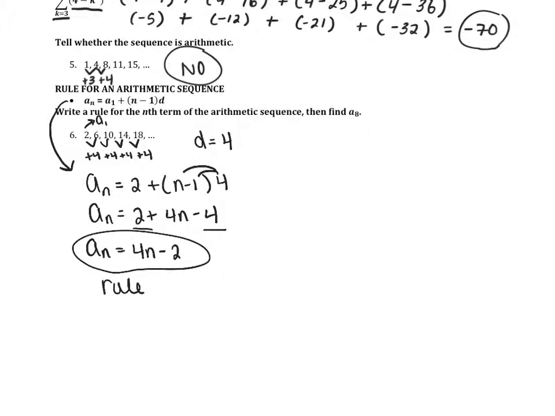But now you need to do the second part of the problem, which says find A sub 8. That just means take your rule and plug in an 8 for n. So that will look like 4 times 8 minus 2. 4 times 8 is 32. Minus 2 gives you 30.